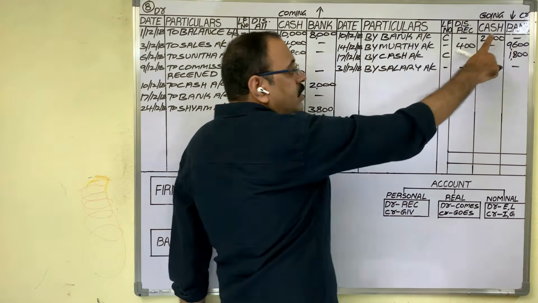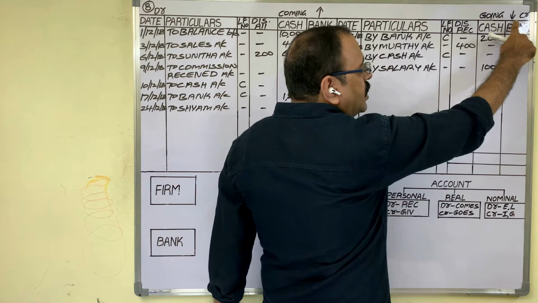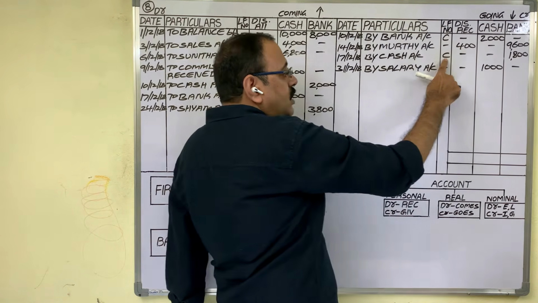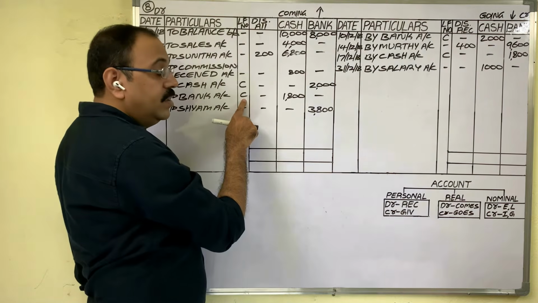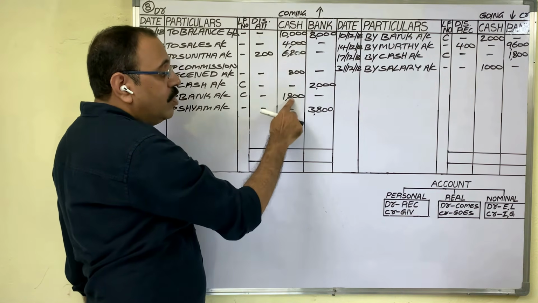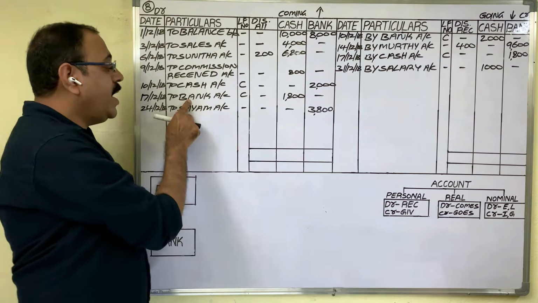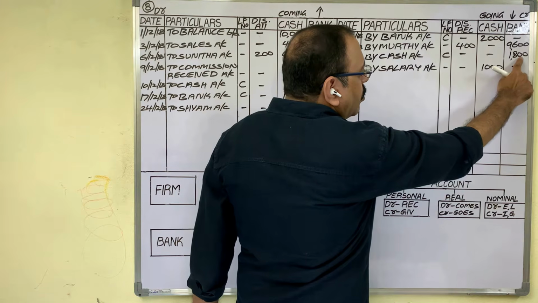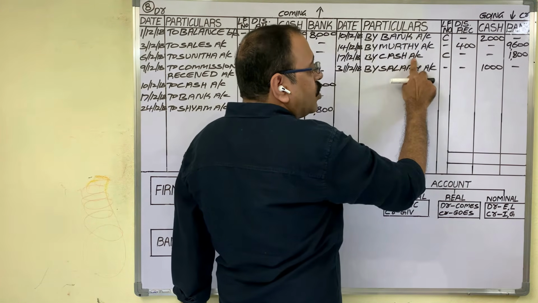When bank balance is decreasing, credit side bank column it appears. In LF number, write down C and C. In particulars what to write? As we wrote the amount in cash column, what is the other word? Bank account. As we wrote the amount in bank column, other word, cash account we have to write here.